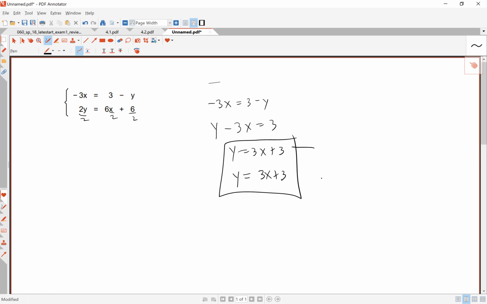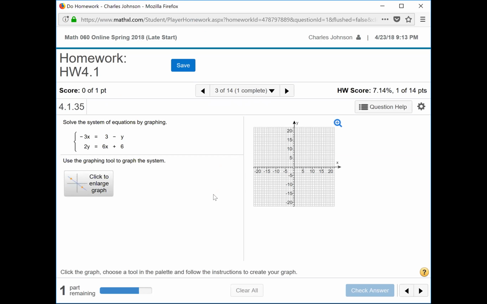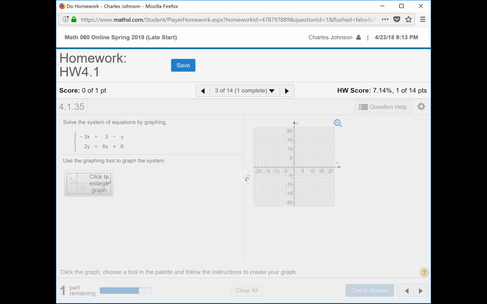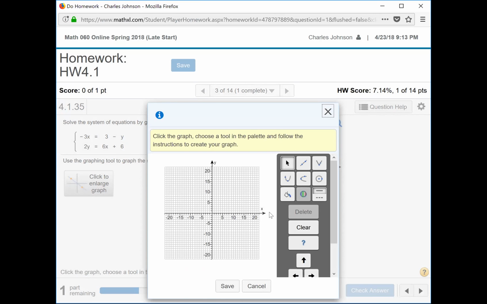These two lines turned out to be the same line, both of them are y equals 3x plus 3. When I graph the first one, it's y equals 3x plus 3. So I go to y equals 3, and then I go over 1 and up 1, 2, 3.